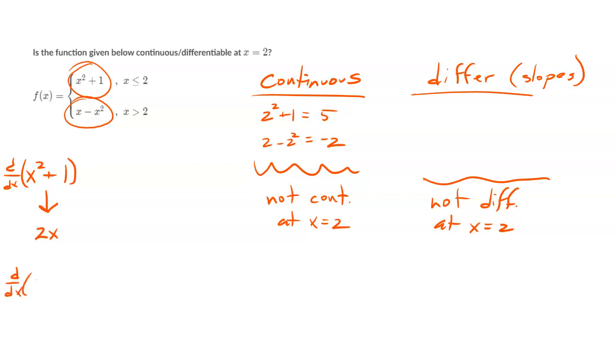The derivative of x minus x squared is 1 minus 2x. So if I plugged 2 into both of them, I still have different answers anyway. 1 minus 4. So this one's just kind of a big mess where all of the information is different.